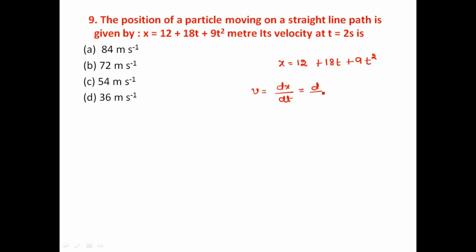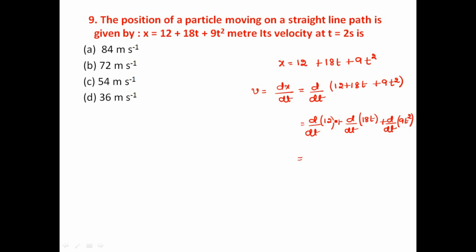I'll write d by dt of 12 plus 18t plus 9t square, or it is d by dt of 12 plus d by dt of 18t plus d by dt of 9t square.